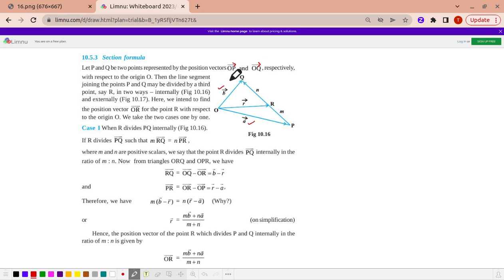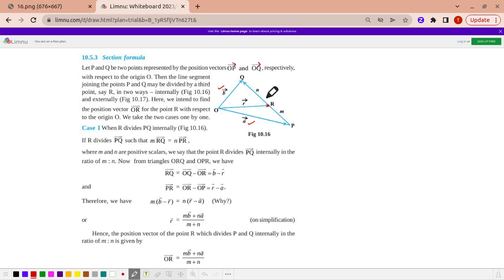Then the line segment joining P and Q may be divided by a third point, say R, in the ratio m is to n. Let me explain the ratio internally.